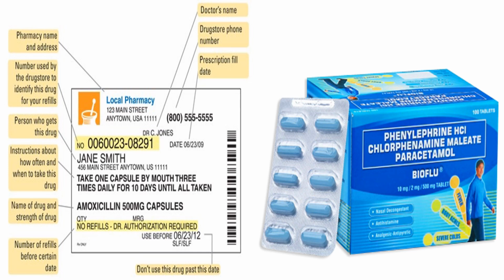These are examples of medications and how they are properly labeled. Labeling of medications is important. It shows the pharmacy name and address. It also shows the code number of the medication, the person getting the medication, the instructions, the name of the drug and its strength. We also have the number of times it would be refilled, but that would be in other countries.